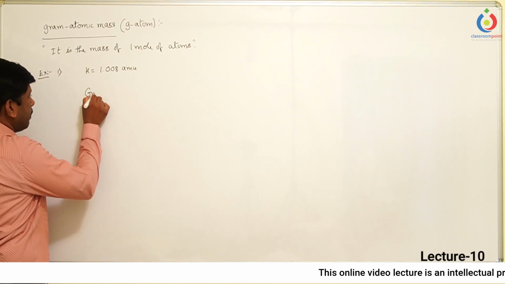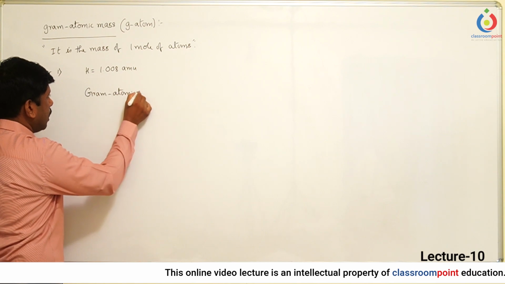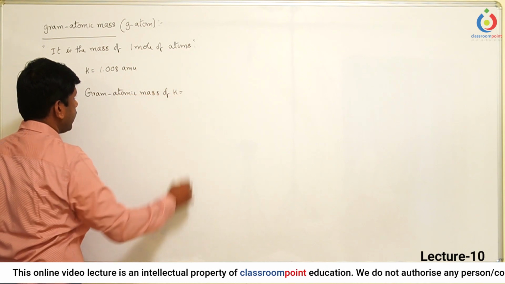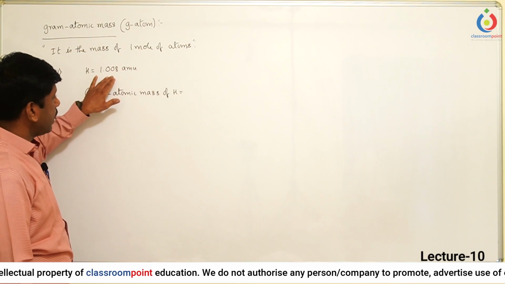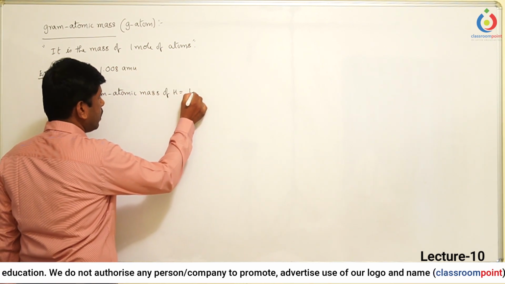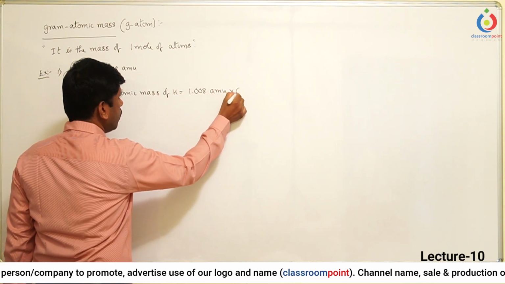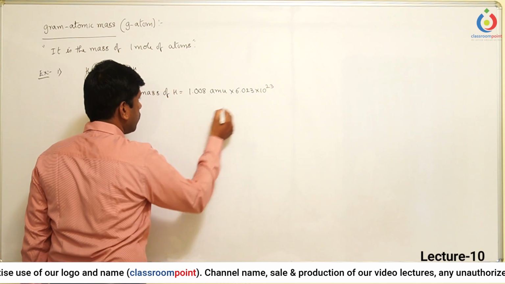So gram atomic mass of hydrogen is, for 1 atom this is the mass, and 1 mole means this value into 1 mole. So here we can write 1.008 AMU into 1 mole. 1 mole value is 6.023 into 10 power 23.